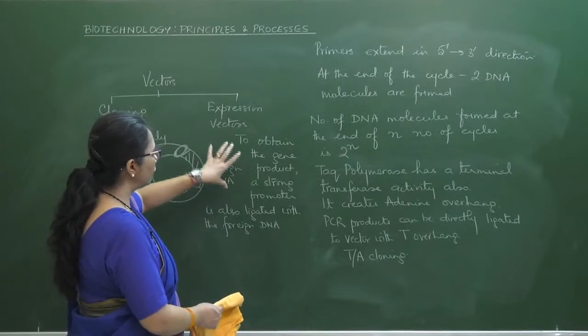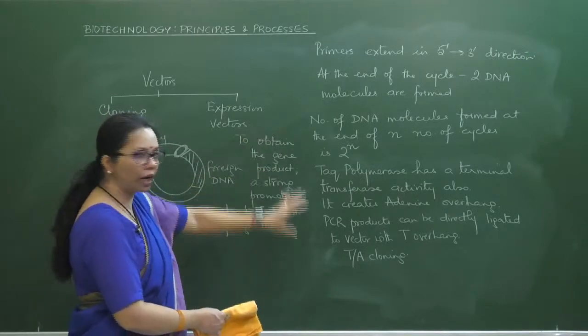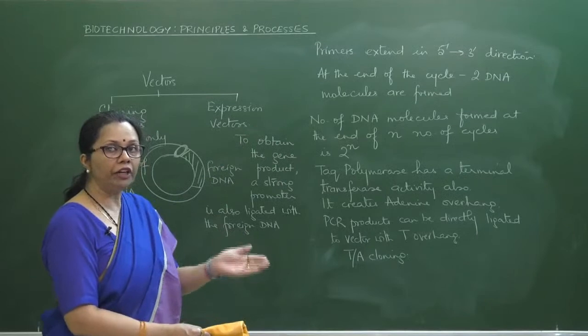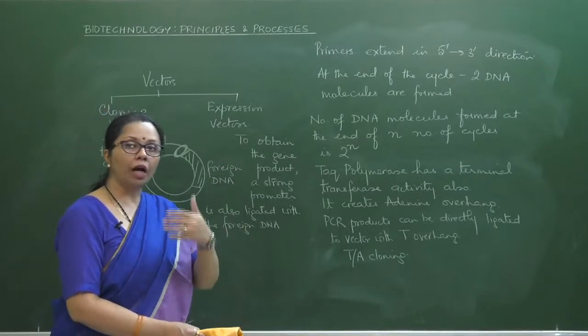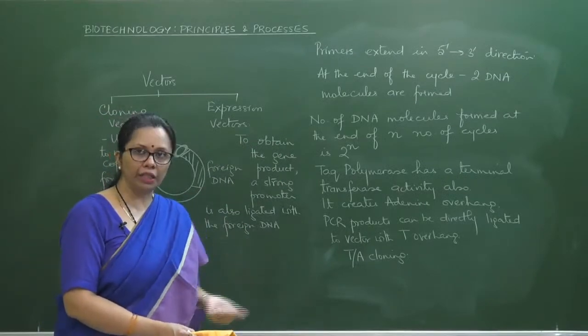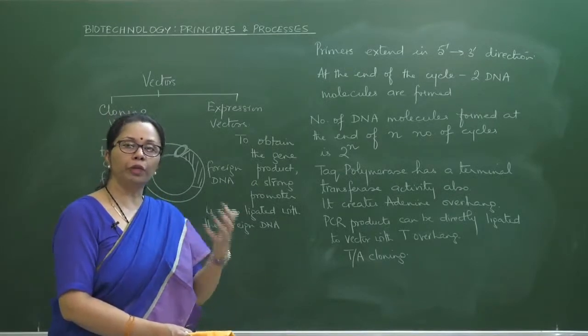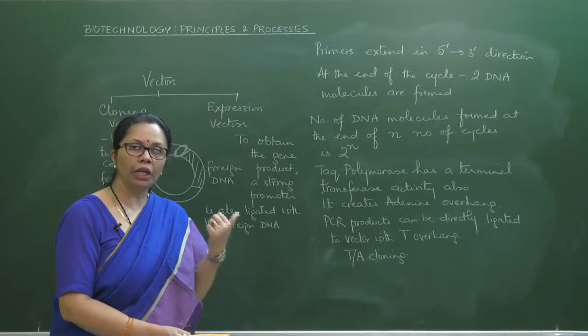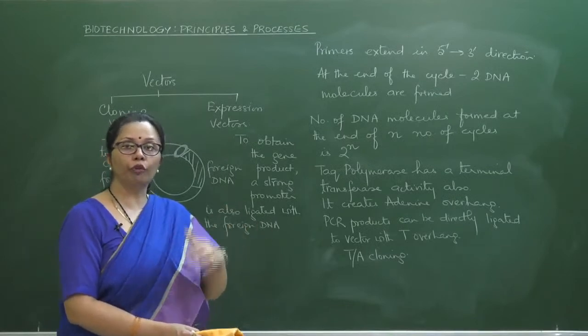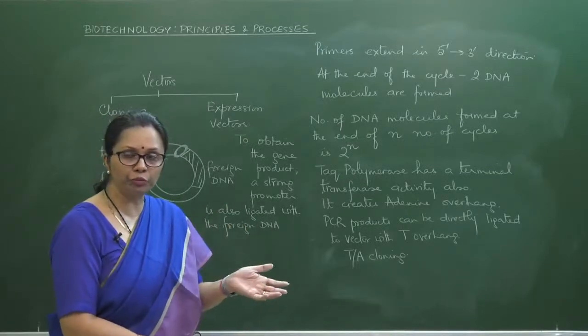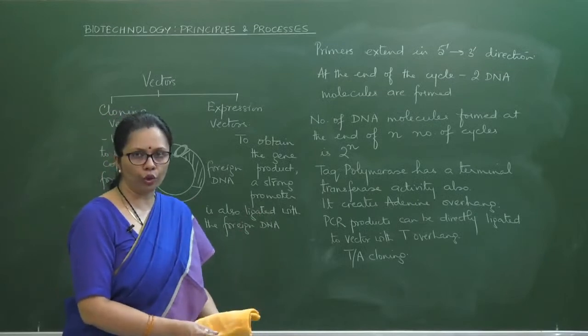Now this protein, the gene product which is being formed, like you see, a human gene expressed in a bacteria, that protein which is formed would also be called recombinant protein. And it has been produced in what? A host which is not the same species, so that is called a heterologous host.